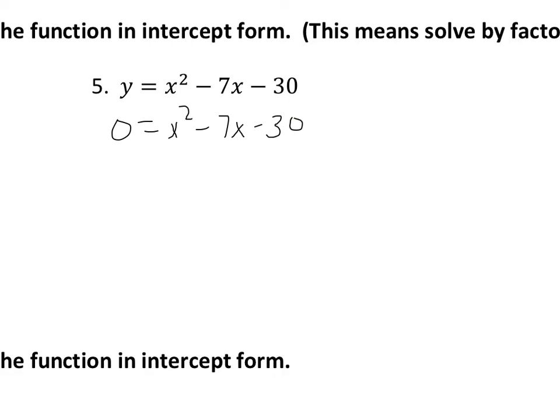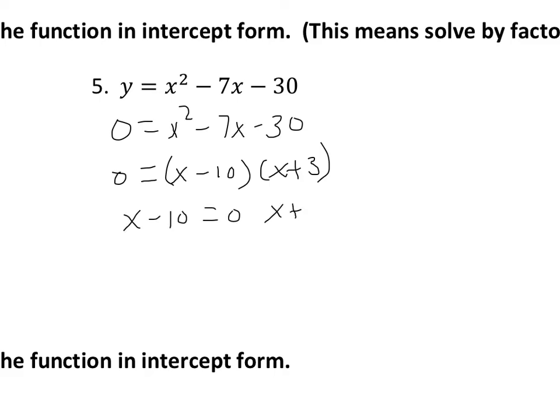So I think 15 and 2, no. How about 10 and 3? So you'd say 0 equals x minus 10, since it's negative, x plus 3. So x minus 10 equals 0, x plus 3 equals 0. So x equals negative 3, x equals 10.